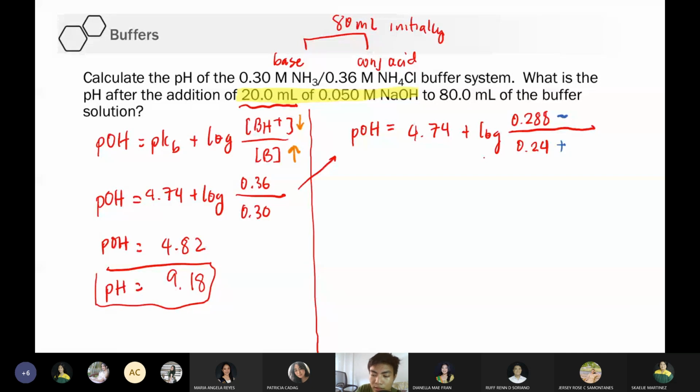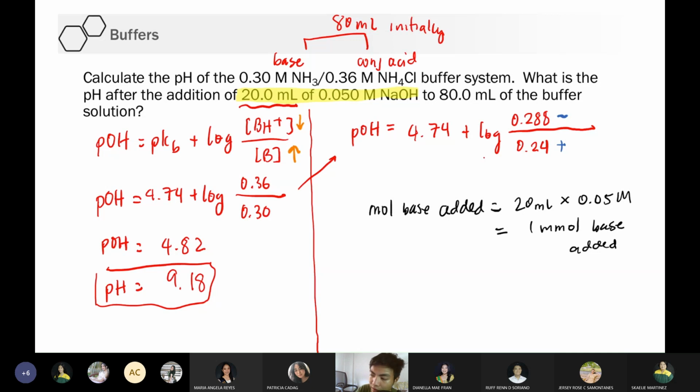So, kunin mo muna yung moles ng base na dinagdag, no? So, that will be 20 ml times 0.05 molar. That is 1 millimole of base added.